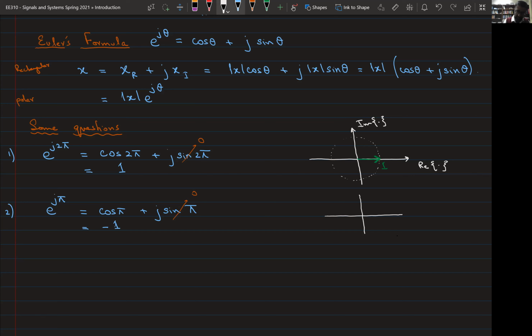Exactly. So theta for that is what? And its imaginary part. Exactly.